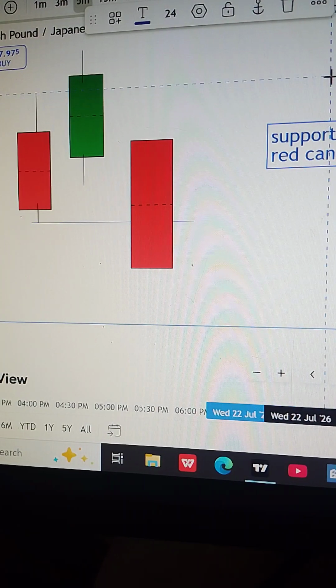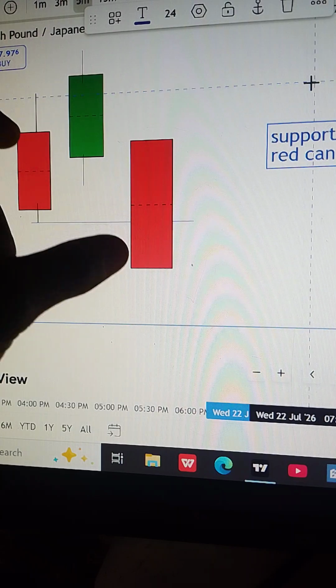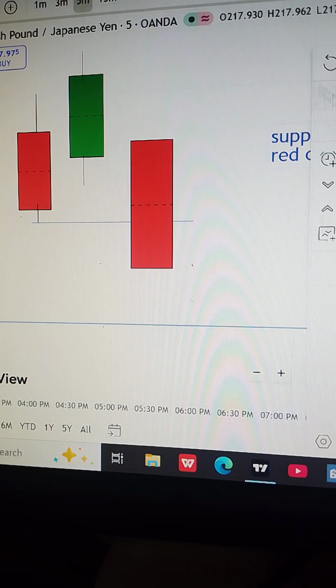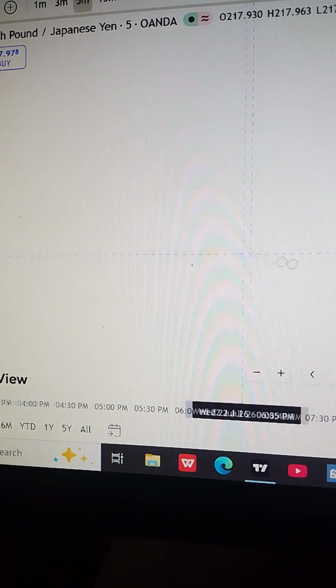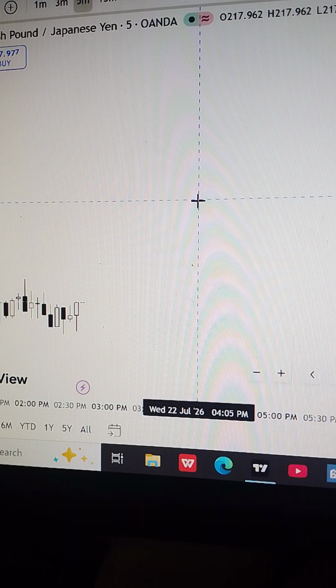So let's go to resistance. I think you all have understood what a support is. A resistance is created, it's vice versa, when a green candlestick is followed by a red candlestick.